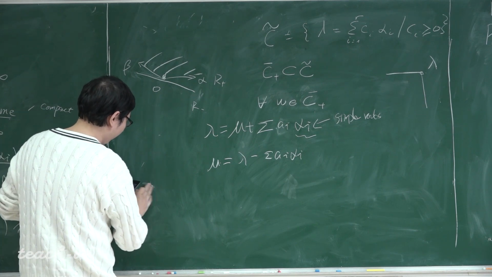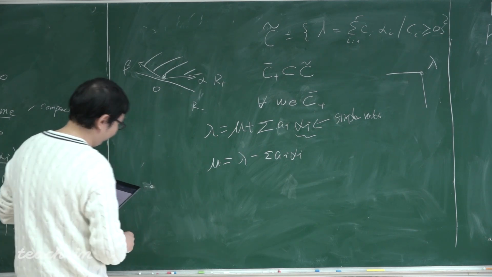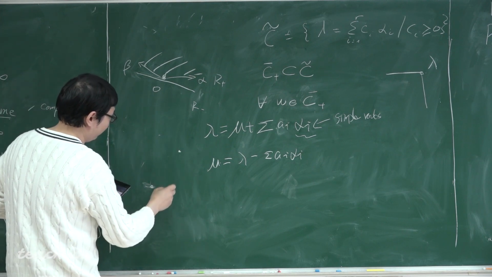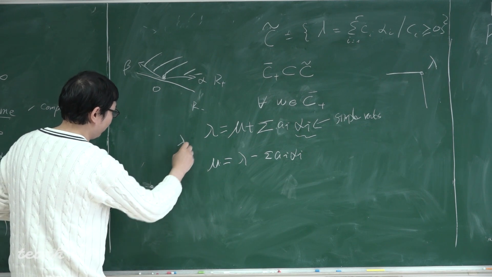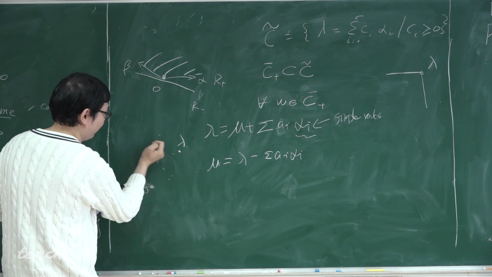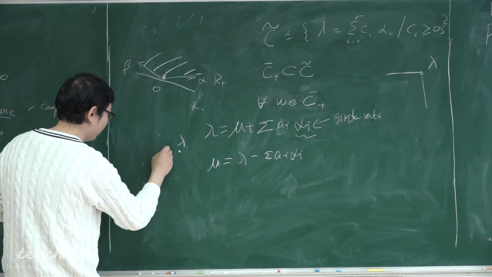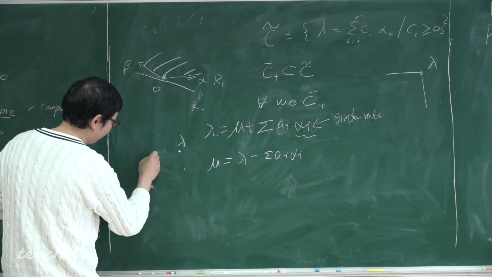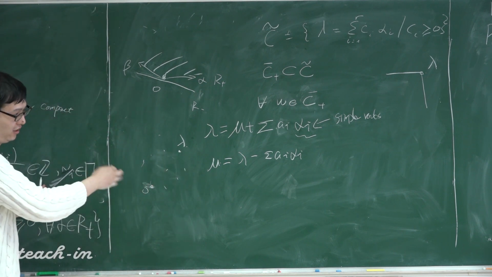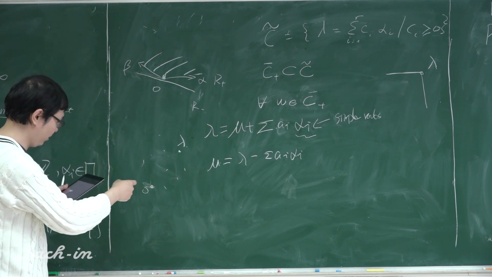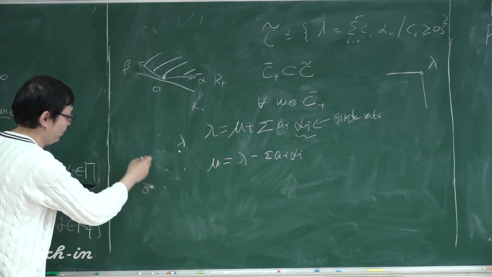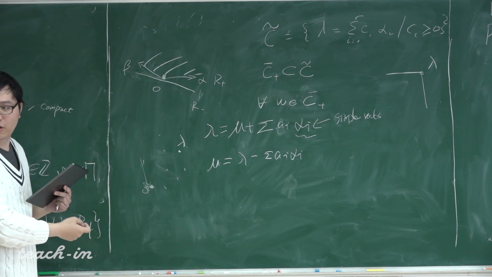If we choose our lambda to be the highest weight, and this is our lambda, and this is our origin, and we have some lattice point here, then the dimension of this space is just the root from here to here, just in this surrounded area.